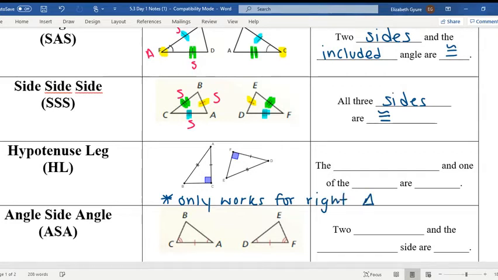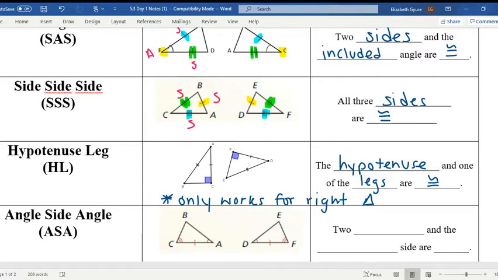Now, that doesn't necessarily mean that every time you have a right triangle, it's going to be hypotenuse leg, but many times it'll happen. So what happens here is that the hypotenuse, the side across from the right angle, and one of the legs, either of the other two sides, are congruent. So hypotenuse leg.